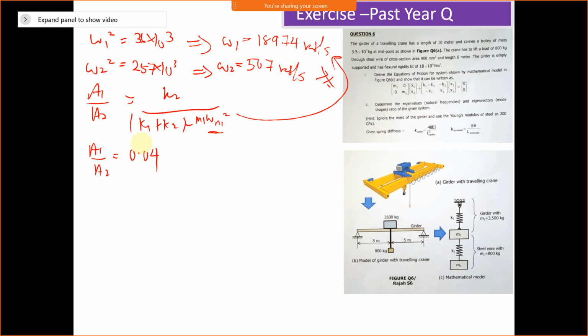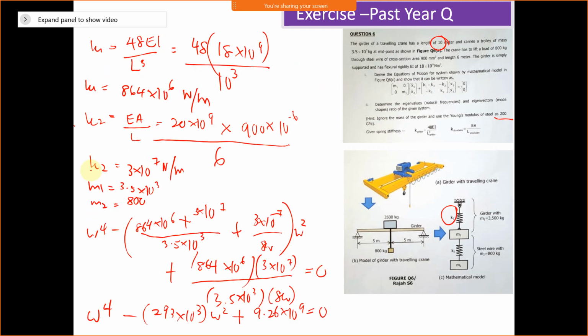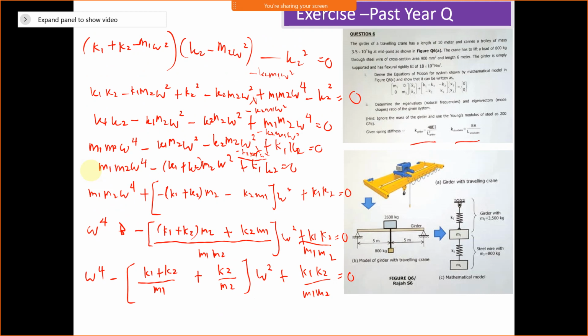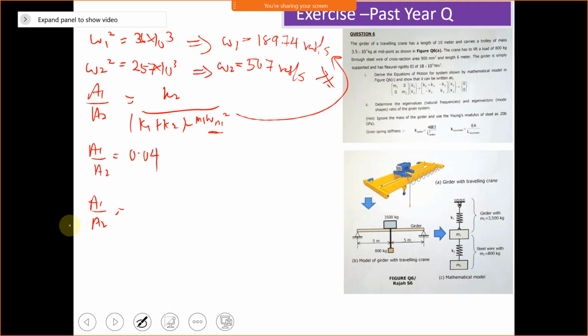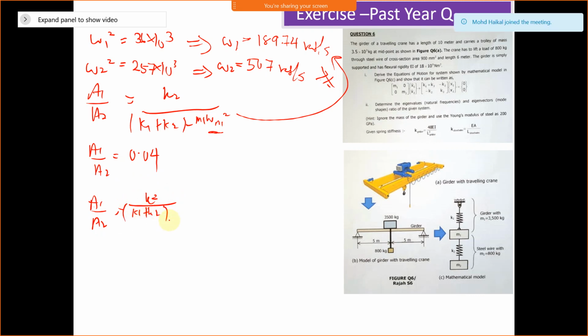And the second is A1 over A2. Alright, refer kepada equation number 2, this one. Okay, then we'll get the equation K2 over K1 plus K2 over M1 omega N2 square.